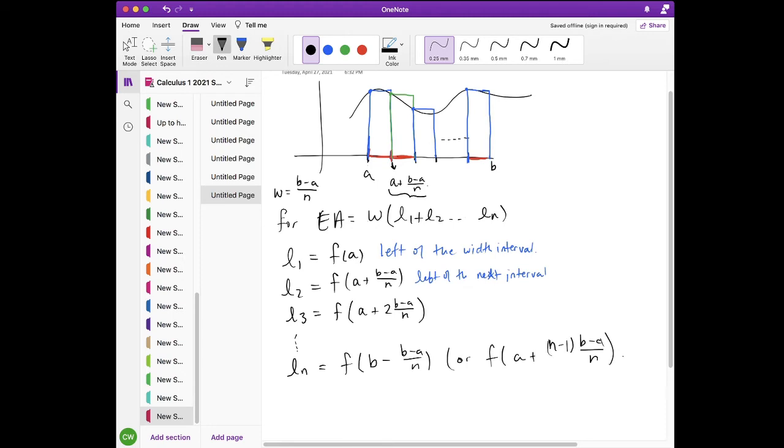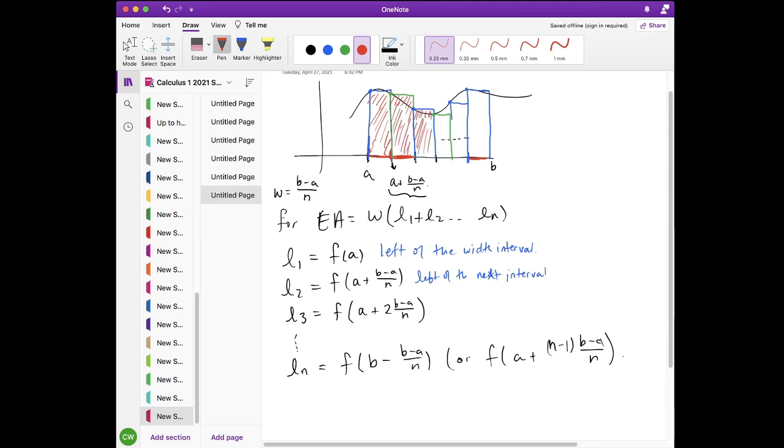Okay, so now what do we have? We get an approximation of the area. So I could just draw the intermediary ones here. So this would be the approximated area using this algorithm. It's not the only one, but this is an algorithm.